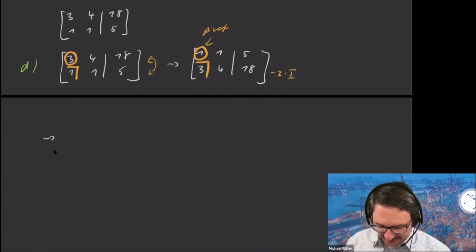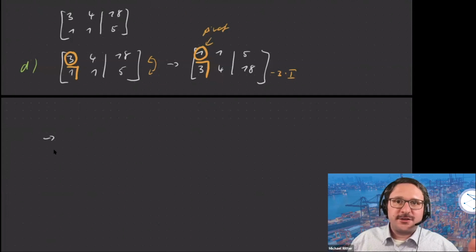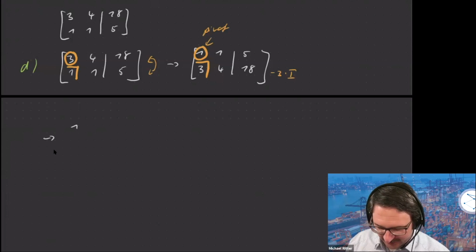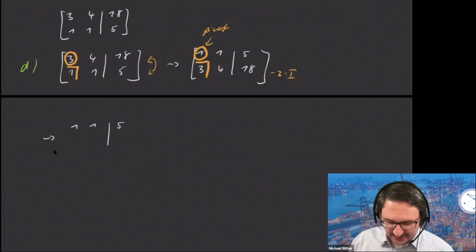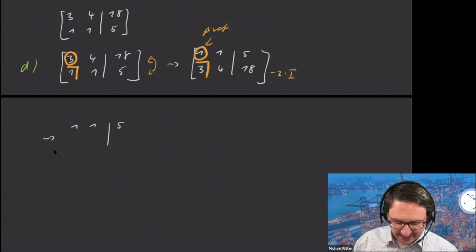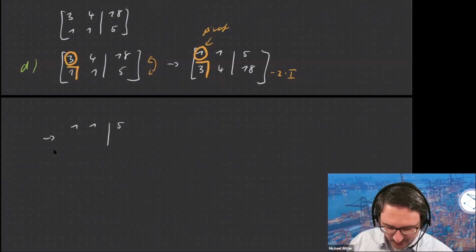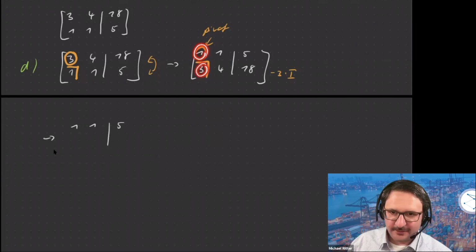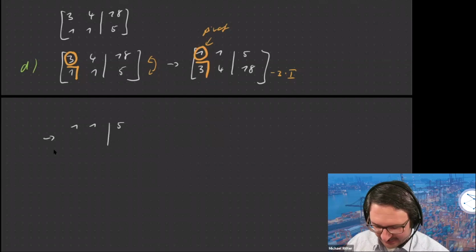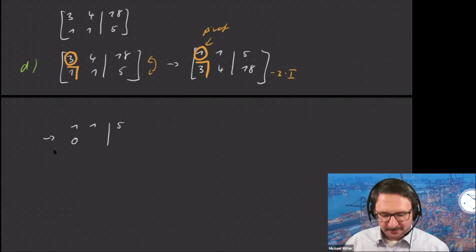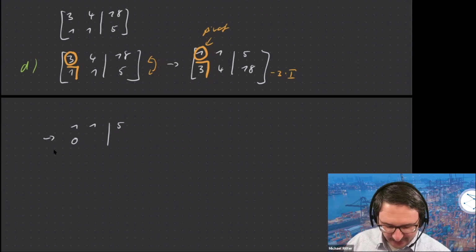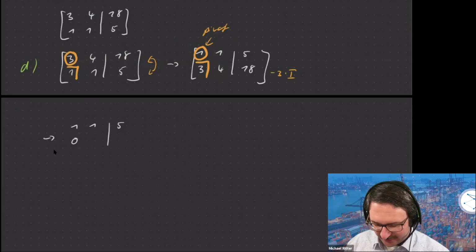But let's see what happens. We did not change the first row at all, so we can just copy that. And the second row changes in the following way. We subtract 3 times 1 from 3, so that's 3 minus 3, and that's 0, which was the intention, so that's good. And then we have 4 minus 3 times 1, 4 minus 3, that's 1.